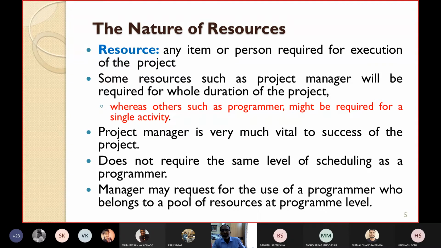They hire programmers for some programs, like an academic program, a marketing program, or a health care domain program. So the programmers belong to a program level, and you want them for a specific project. For that, as a manager, you have to write to the program level head to spare or depute 1 or 2 programmers for your programming activity.